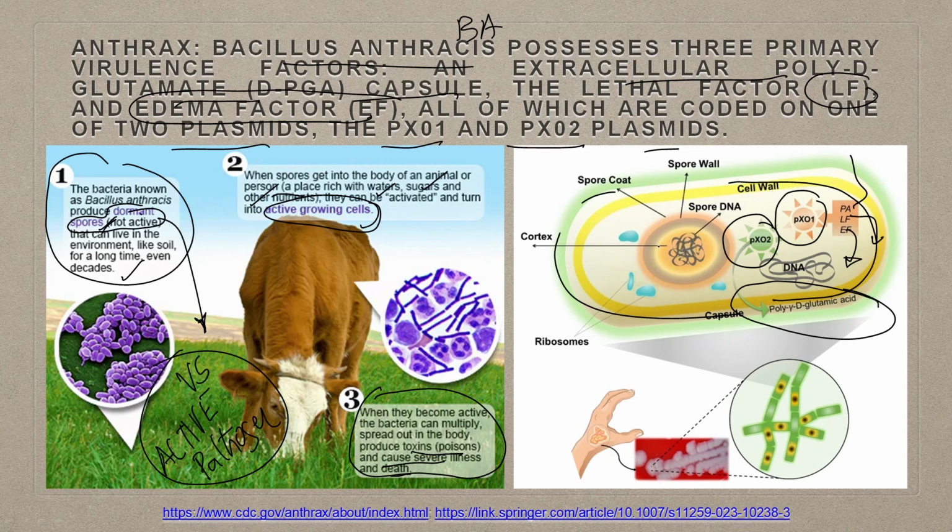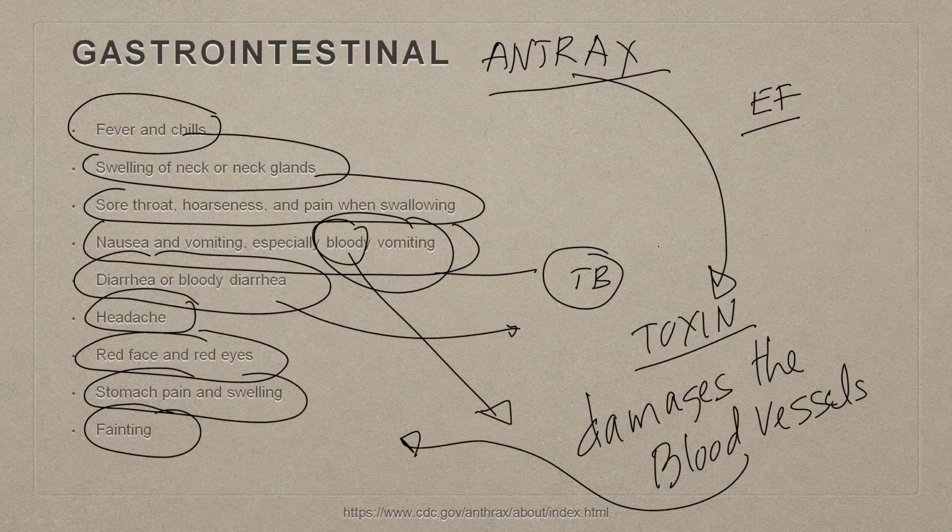Look at it. This edema factor is causing the swelling. I was telling you that this swelling and the toxic factor are the ones which cause most of it. So edema factor and the toxic factor.